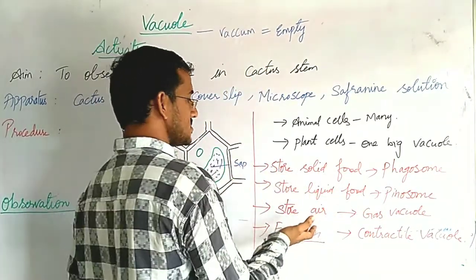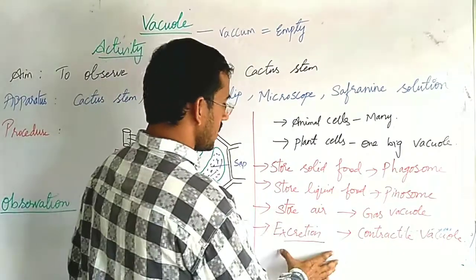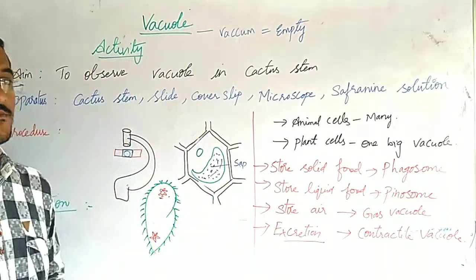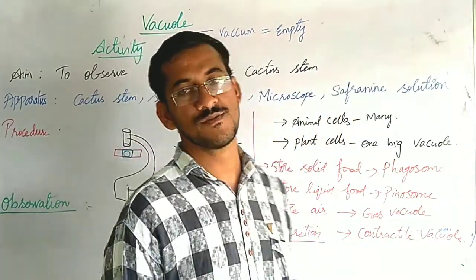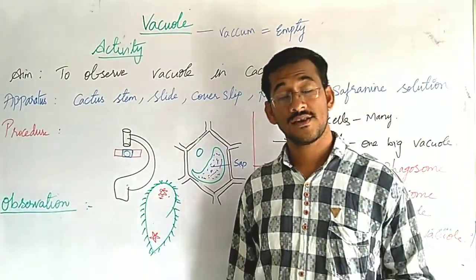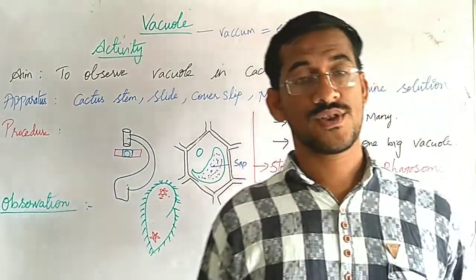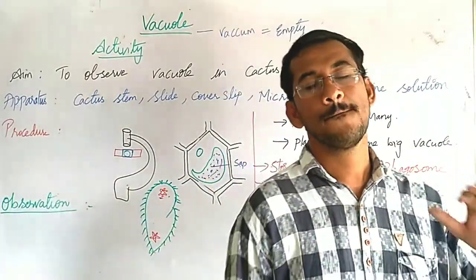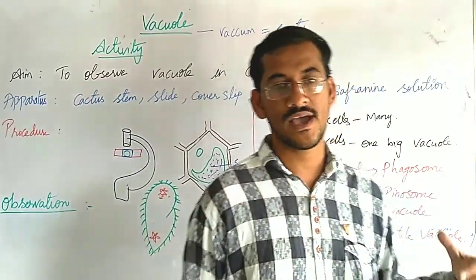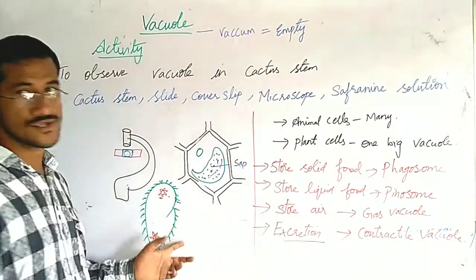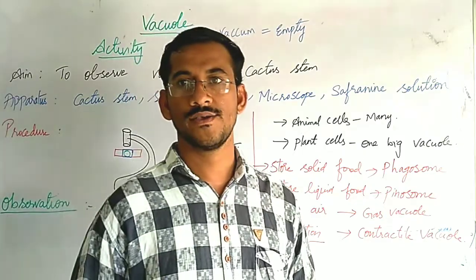And in some animals, they store air also. And in amoeba and paramecium, they act as a contractile vacuole. That means they help in removing the waste material, that is excretion, and they maintain osmoregulation, meaning balancing the ion, salt and water content in the cell. So this is about vacuole.